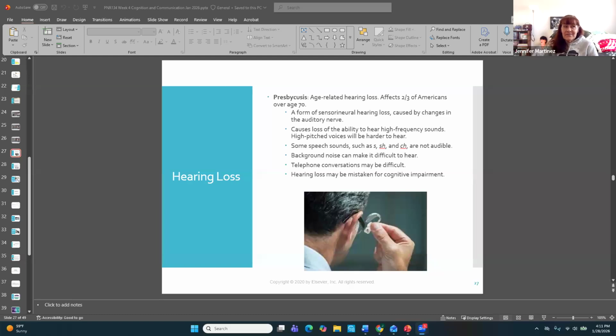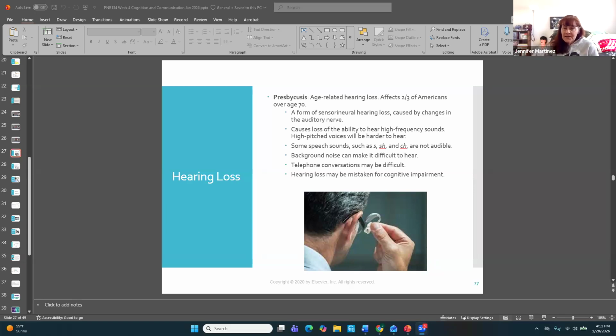It causes loss of the ability to hear high frequency sounds. So high frequency voices are harder to hear. They do much better with low pitched sounds. They can hear those a lot better. Some of our speech sounds, like S and sh, are not audible to them.